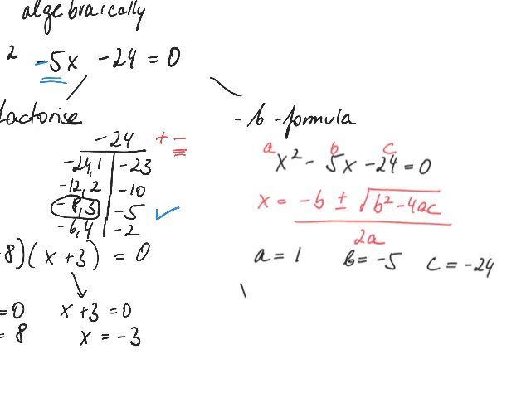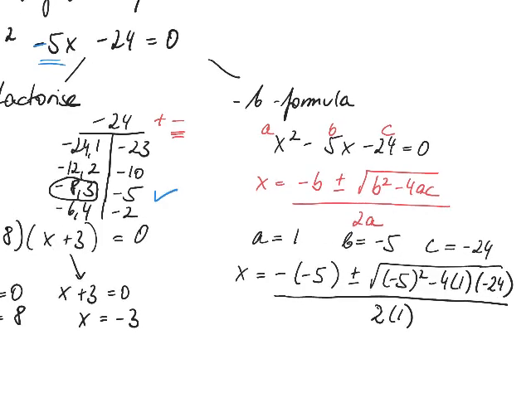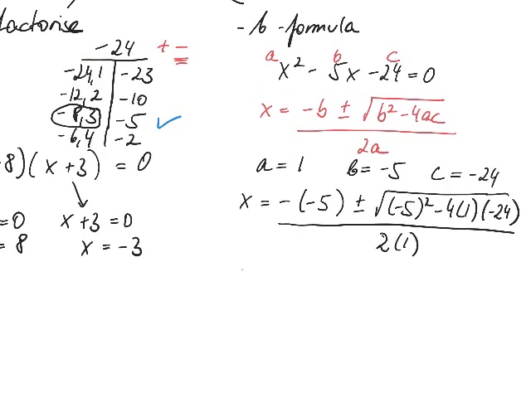I can put that into the formula now, and I get minus minus 5 plus minus the root of minus 5 squared in brackets minus 4 times 1 times minus 24, over 2 times 1. Okay, so you can put that in the calculator, or we can just figure it out.